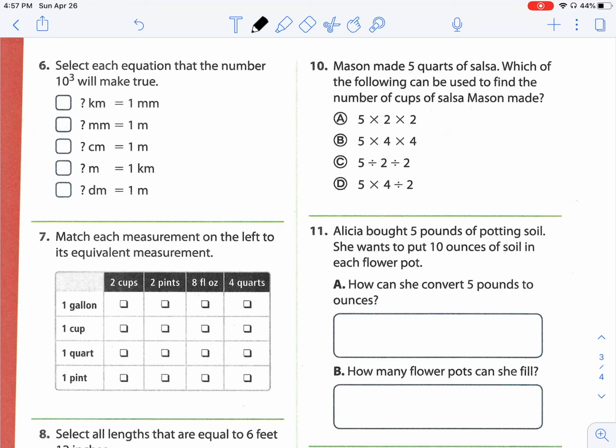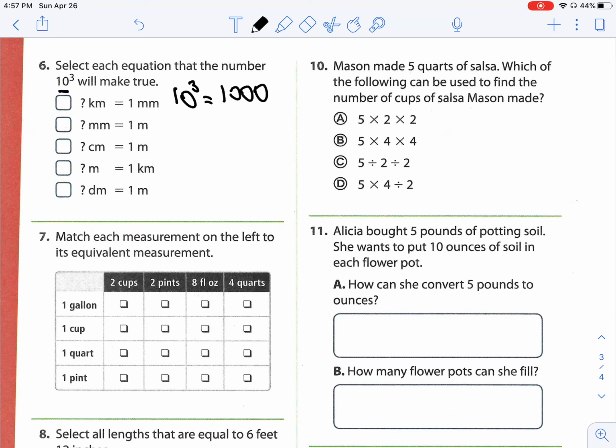Number 6 says, select each equation that the number 10 to the third power will make true. Well, remember, when we're talking about exponents and we have base 10, all we have to do is look at our exponent to see that that is going to be 3 zeros. So this 10 to the third is equal to 1,000.